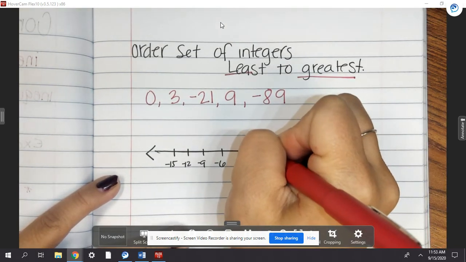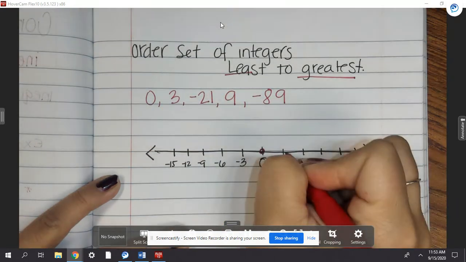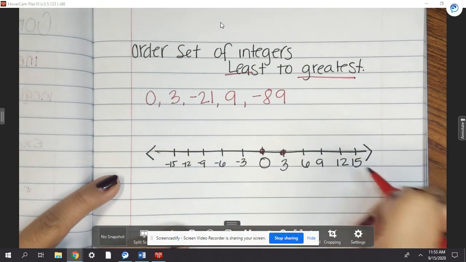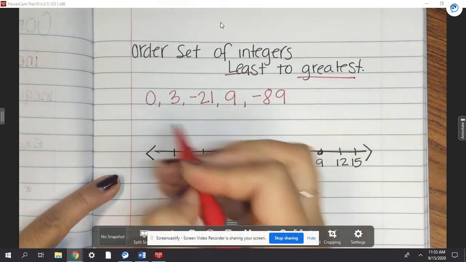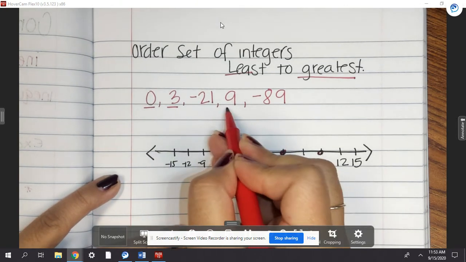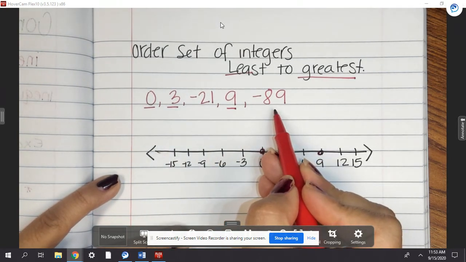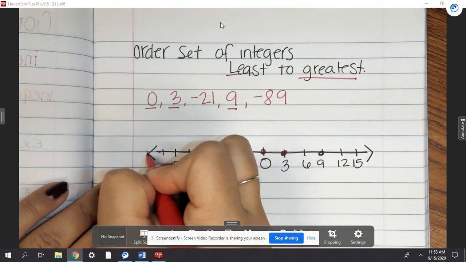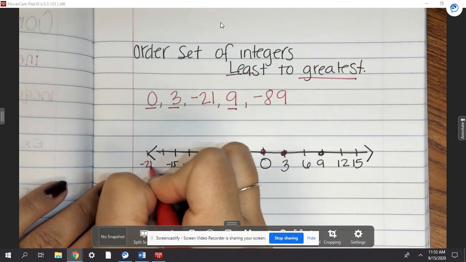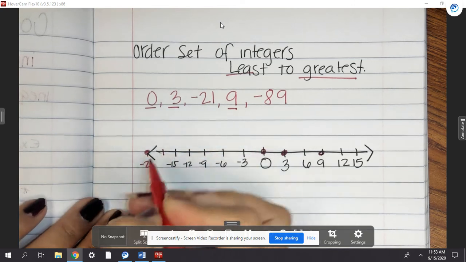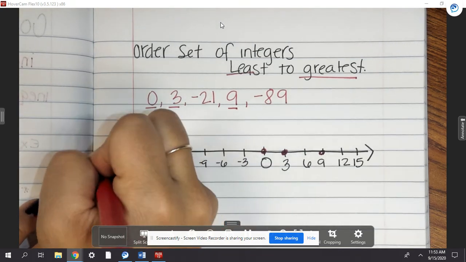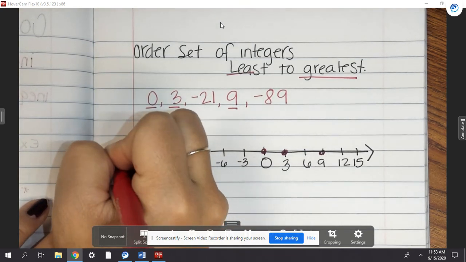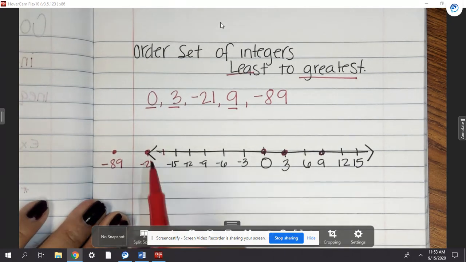Here's my 0, here's my 3, here's my 9. These are my positive integers. Now, if I look here, my negative integers, this would be 18, so 21 is right here. And if I keep going further to the left, -89 is over here.